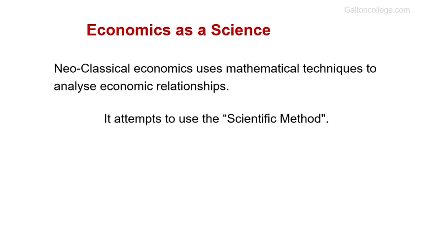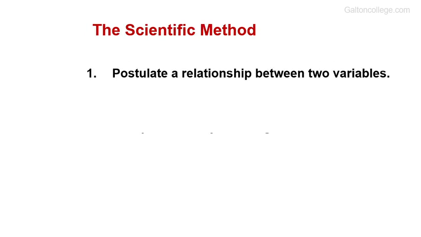Economics attempts to use the scientific method. It calls itself economics as a science. We need to talk about what is meant by the scientific method. Well, to start, the scientific method is to postulate a relationship between two variables. Something affects something else.